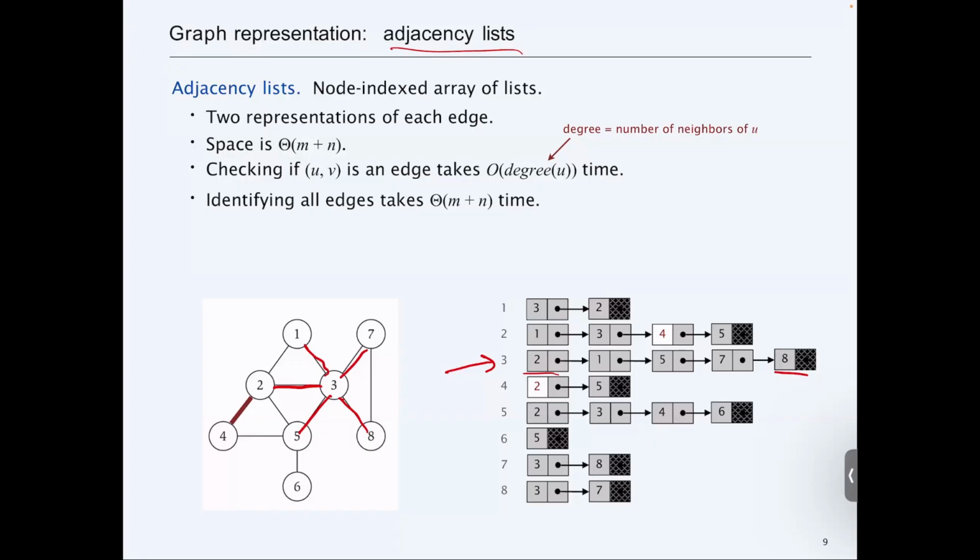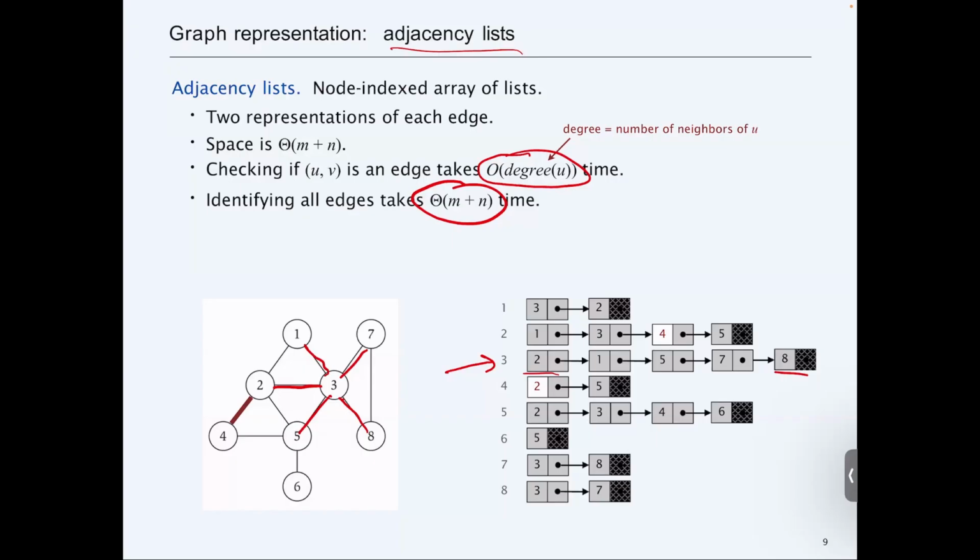And so the runtime of this particular lookup is going to depend on the degree of u, which is what this is saying: checking the uv edge to see if it exists takes big O of the degree of u time. But identifying all of the edges in your graph becomes much faster. Now this is theta of m plus n, because we're only going to iterate through the edges that actually exist.